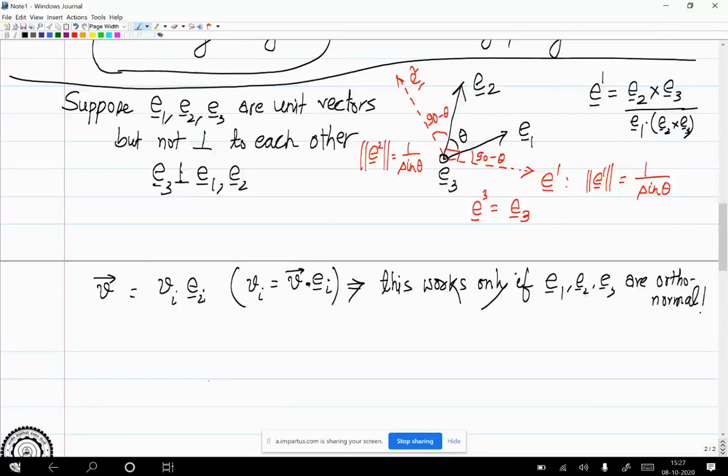In fact, when you have an orthonormal basis, then the dual basis coincides with the original basis. So I can make that remark here: the dual basis coincides with the original basis if the original basis is orthonormal.